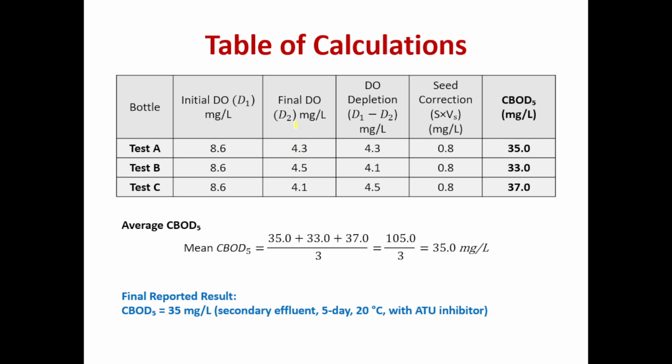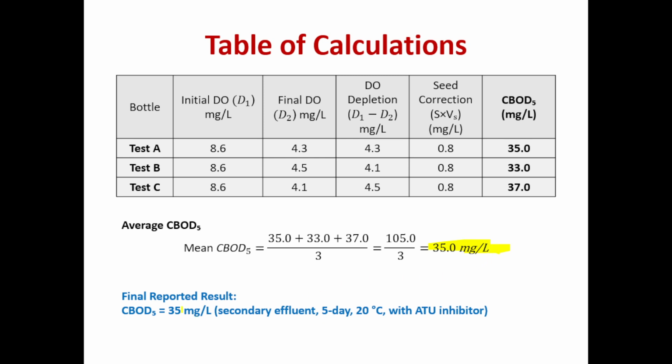So this is the final DO of all test samples, and DO depletion is this, and seed correction for all samples is this. This is the CBOD of all bottles, and by taking the average of CBOD 35, 33, 37 divided by 3, it will become 35 mg per liter.